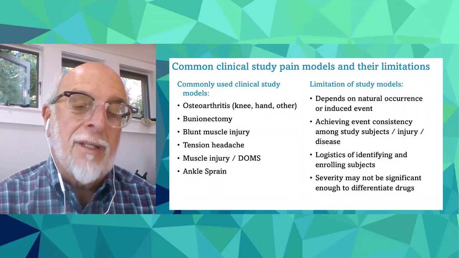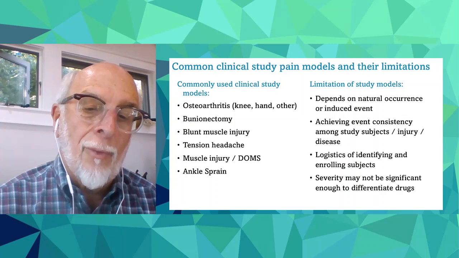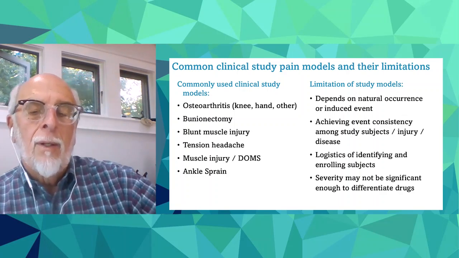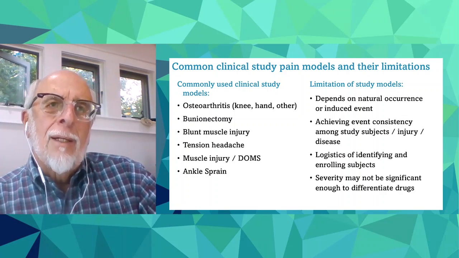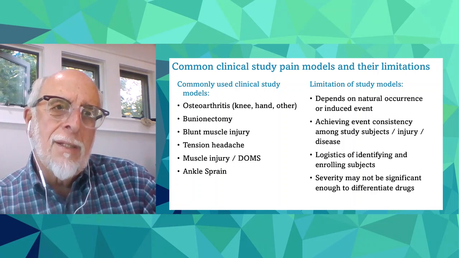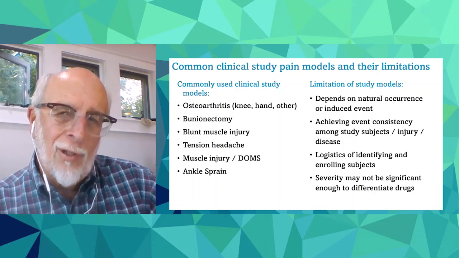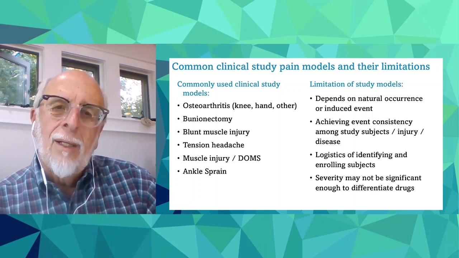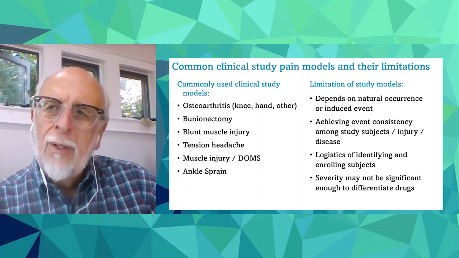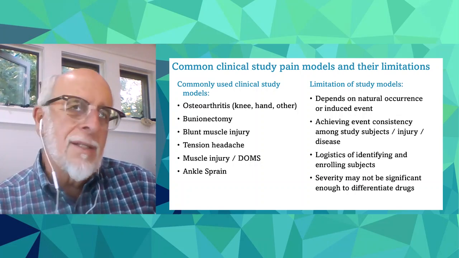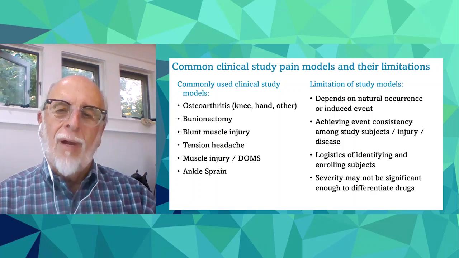Now, what are some of the limitations? Well, with osteoarthritis of the knee, we know that most osteoarthritis studies, in order to be considered by FDA, have to look at least a 90-day trial. So many times these studies are going on for 6 to 12 weeks.